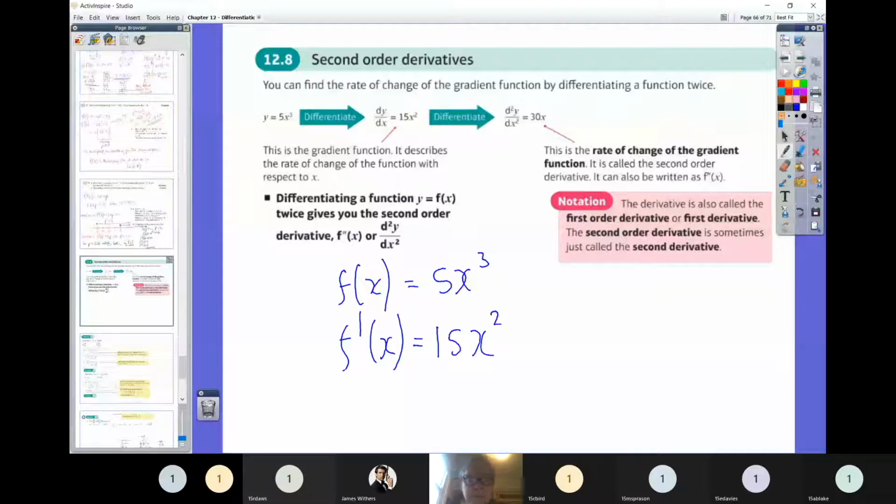And then if you're using this notation, you would call it f double dash x for the second differential, to give you your 30x. So just like it says in that bit that I'm just fluorescent penning now, d2y dx squared is the same thing as f double dash x.